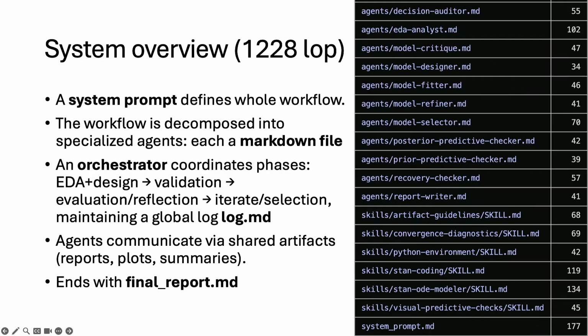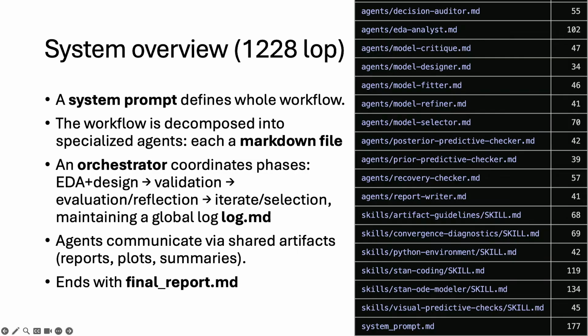That's why I'm saying it's 1,228 lines of prompt. So this is programming in natural language, as a collection of markdown files, and some of them are agents and some of them are skills, which is particular jargon that Claude has for basically subroutines that the model can call to get work done. And yeah, that's the gist of that.